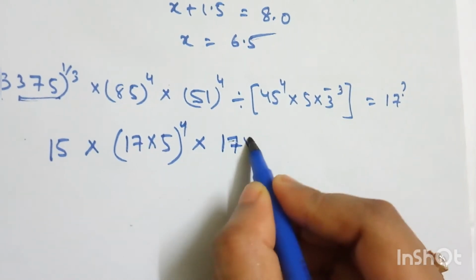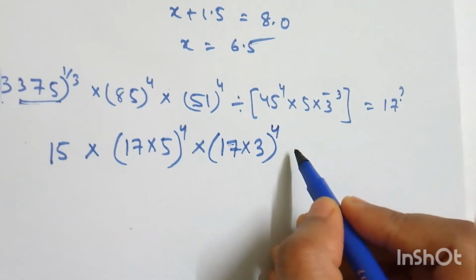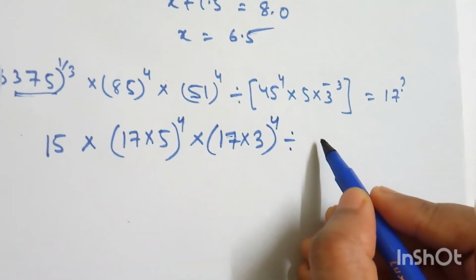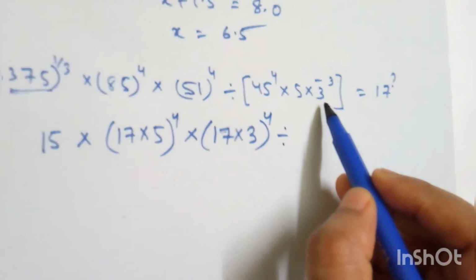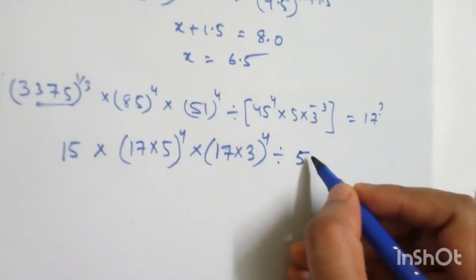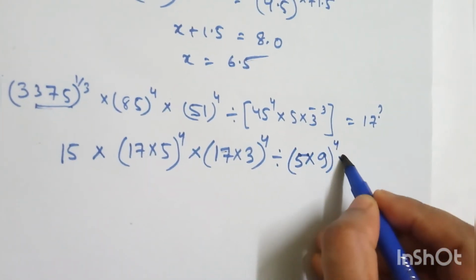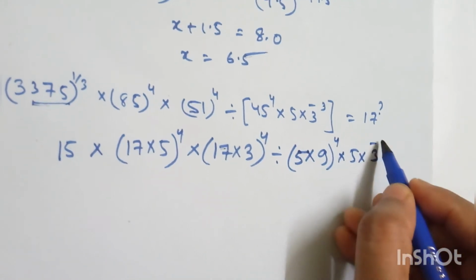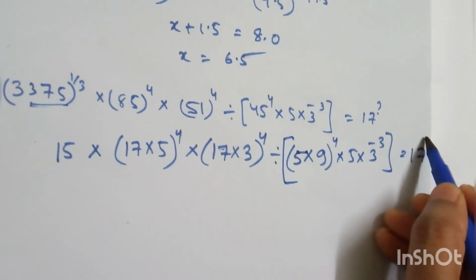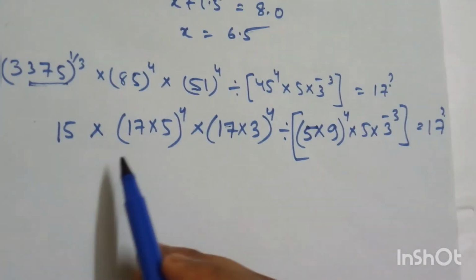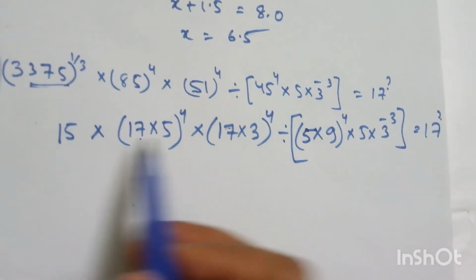Yes, it is 17 into 3, it is 51, whole to the power 4 by 45 to the power 4, and 5 into 3. 45 will be 5 into 9, whole to the power 4, into 5 into 3 to the power minus 3, equal to 17 to the power something. You can see here 17, 5 and 3 are prime numbers.